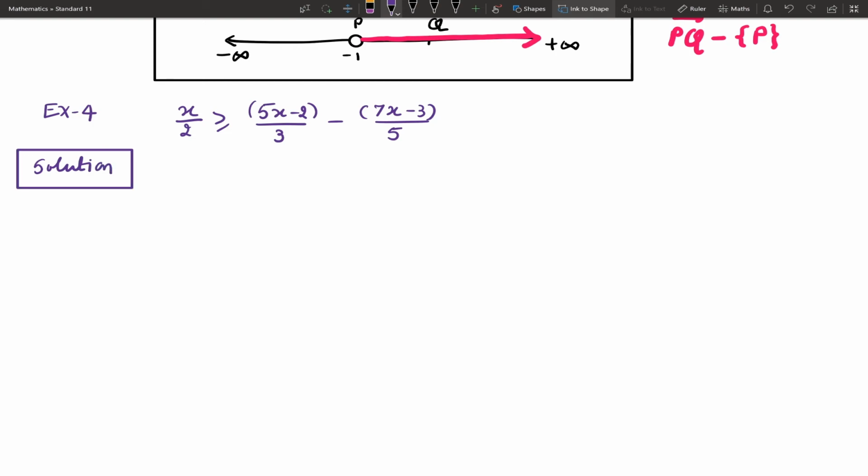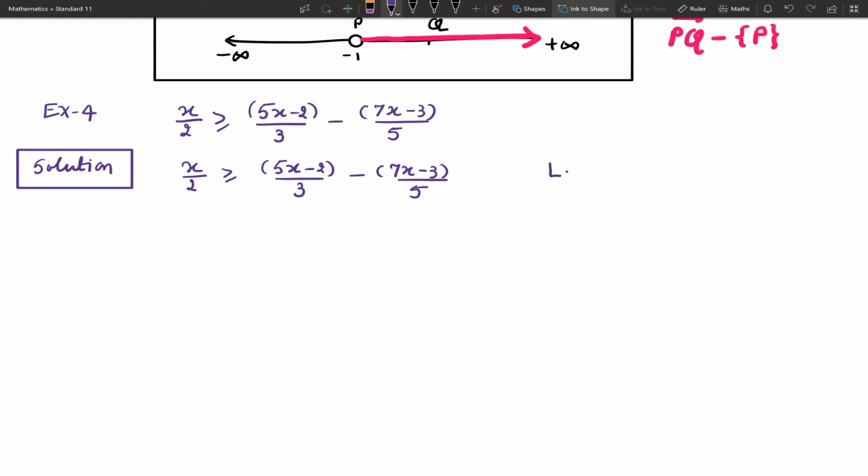So first you observe, we have given x by 2 greater than or equal to (5x minus 2) by 3 minus (7x minus 3) by 5.